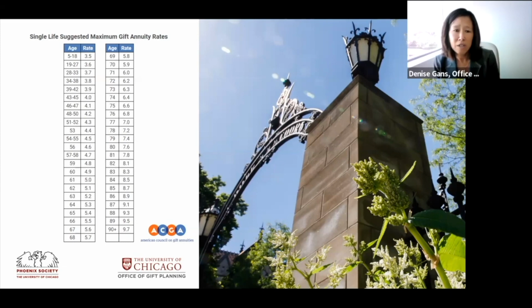They are not just backed by the annuity pool, but really backed by all of the university's assets. So it is a very stable, guaranteed, and reliable source of fixed income. So establishing an annuity today, given the high payout rates, will lock in that amount for the rest of your life.